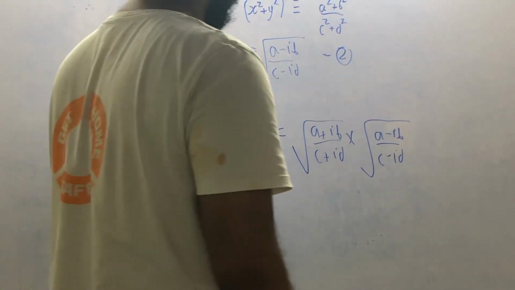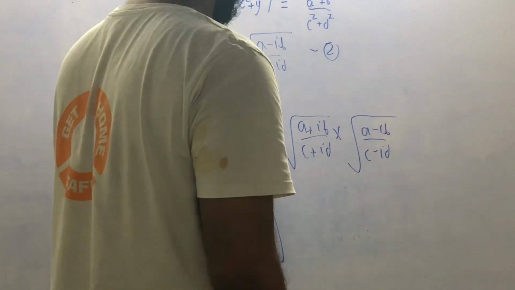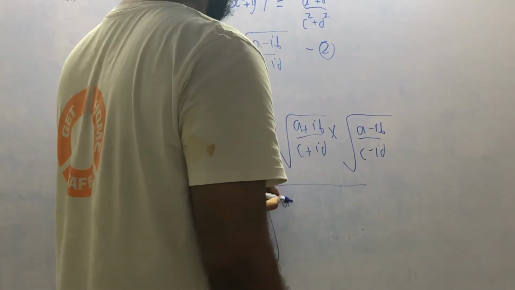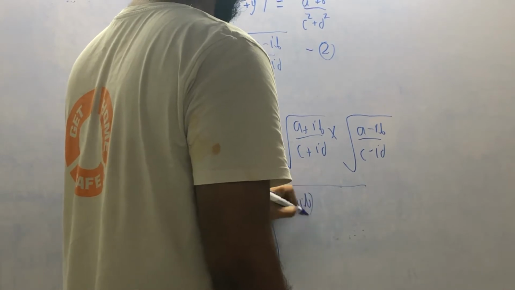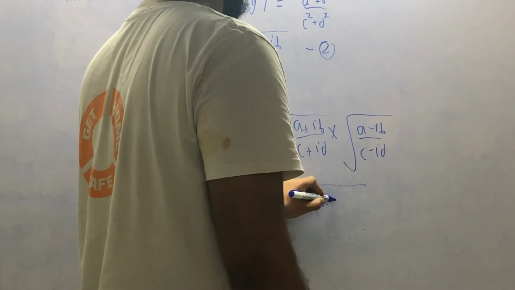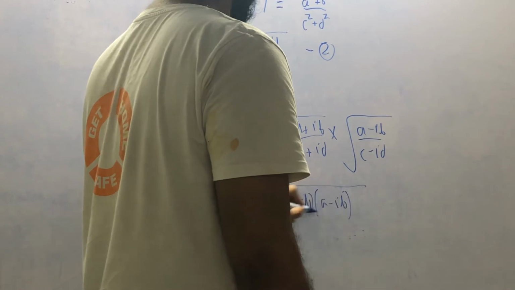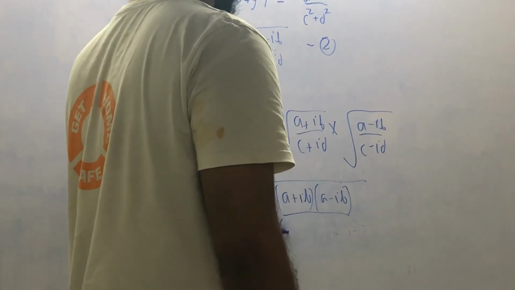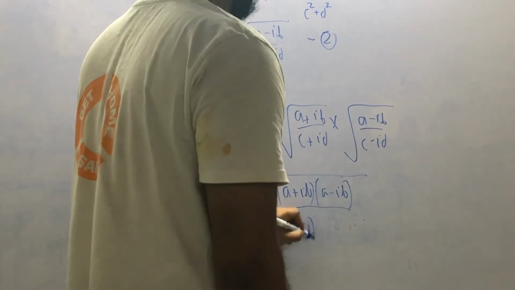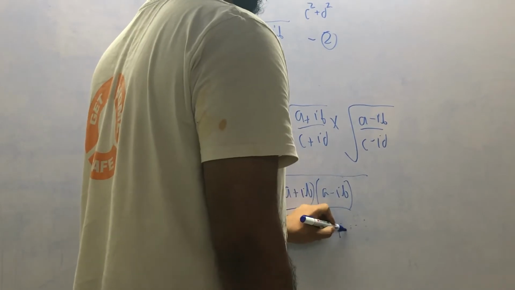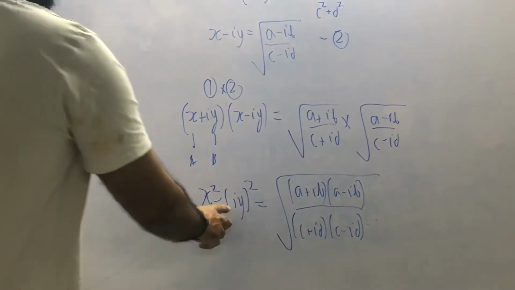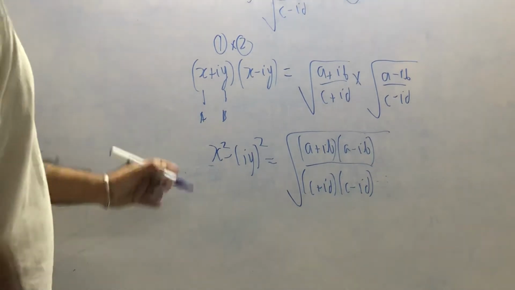Again look at this one, just take the square root whole. So you can write this expression as (A plus iota B) into (A minus iota B) upon (C plus iota D) into (C minus iota D). So iota square is minus 1, so minus minus becomes plus.